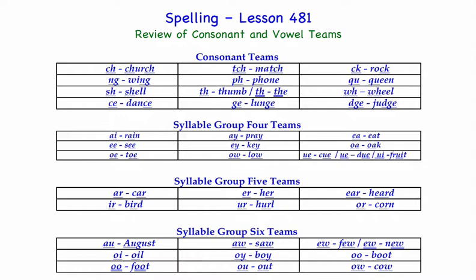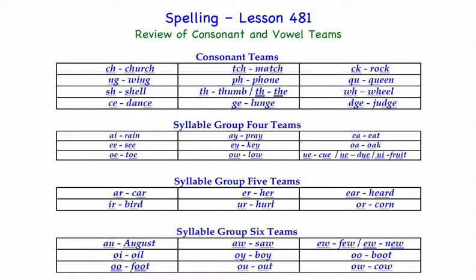CE as a team represents the sound s, which is the S sound. GE as a team represents the sound j, which is the J sound, and DGE represents the sound j, the J sound. In order to use DGE, you must have a short vowel directly in front of it.